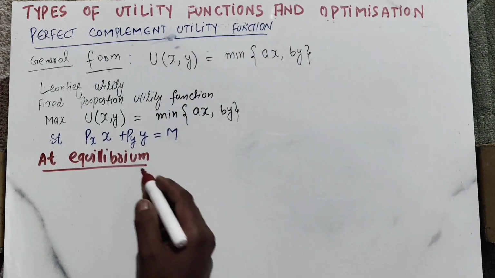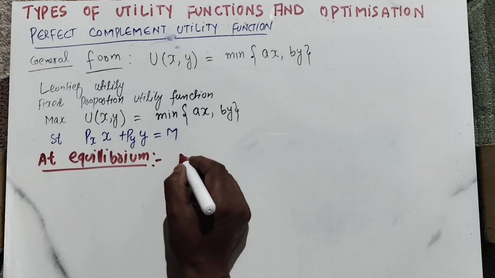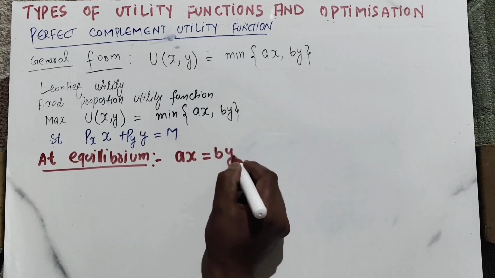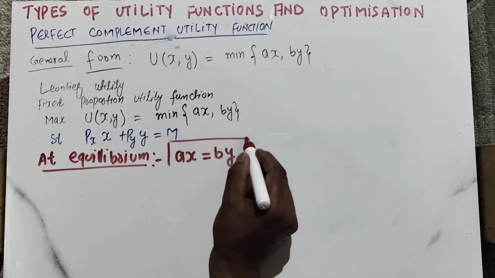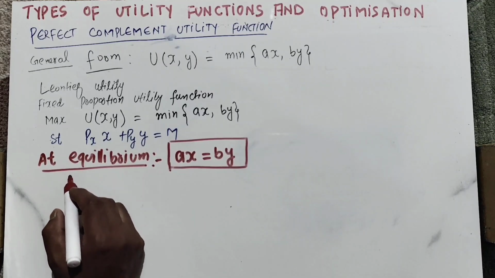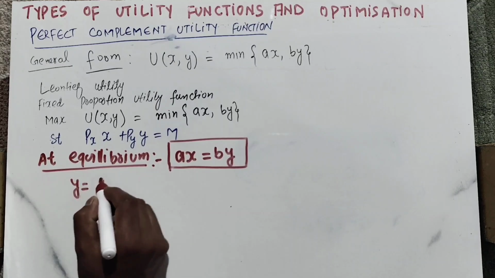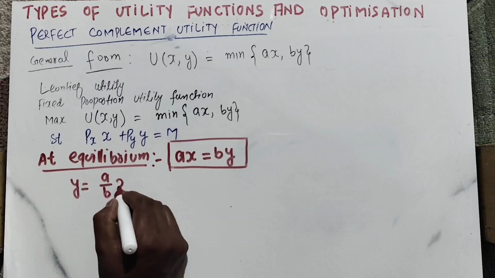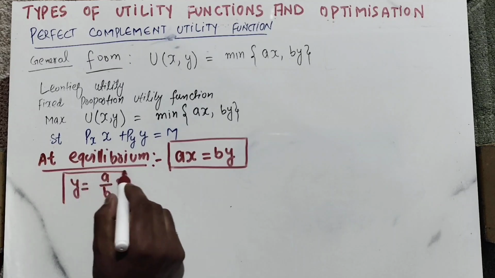That is, at equilibrium, the consumer will choose ax is equal to b times y. So this condition must hold at equilibrium. Solving for y, y will be equal to a upon b x.